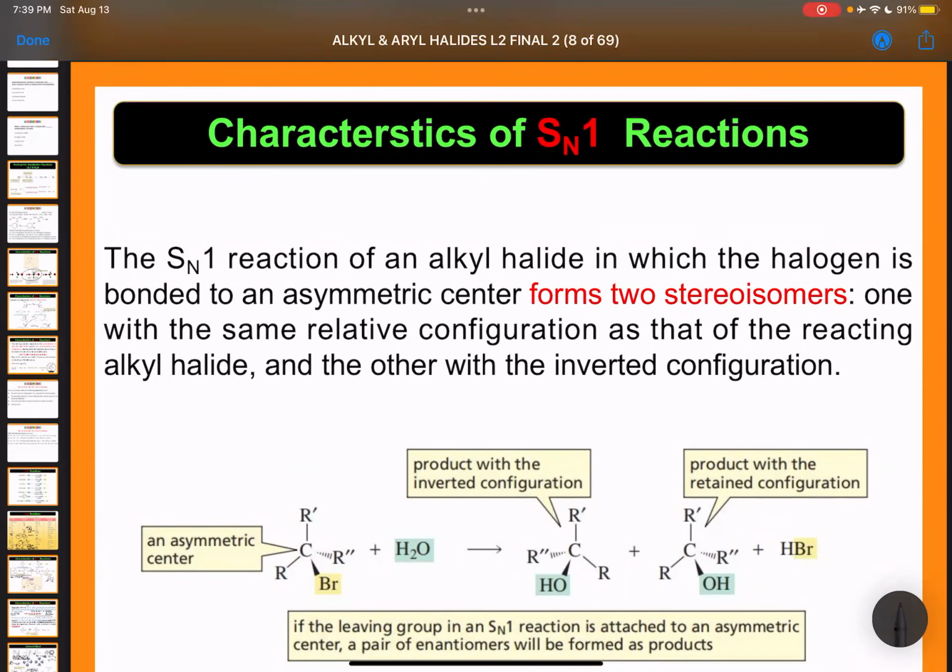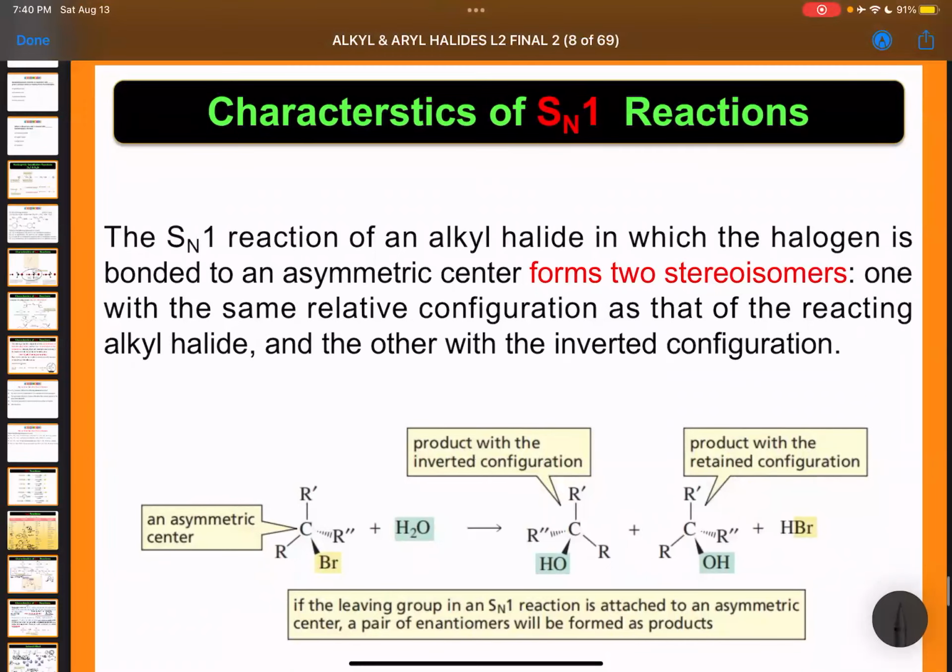Yes, sir. Okay, the other thing is stereochemistry of SN2 and SN1 reaction. What was happening? Can you tell me in one word? Suppose you took a chiral substrate. What happened to the carbon atom bearing the leaving group, and which after the completion of reaction was attached to a nucleophile?